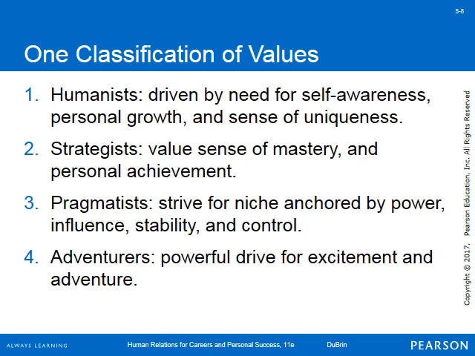The humanists, these folks are driven by a need for self-awareness, personal growth, and a sense of uniqueness. Strategists value a sense of mastery and personal achievement. Pragmatics strive for a niche anchored by power, influence, stability, and control.